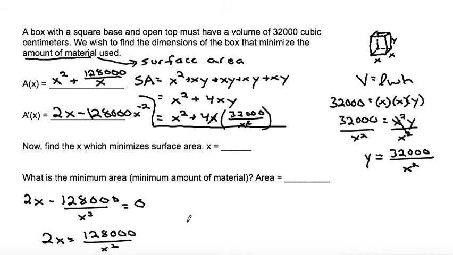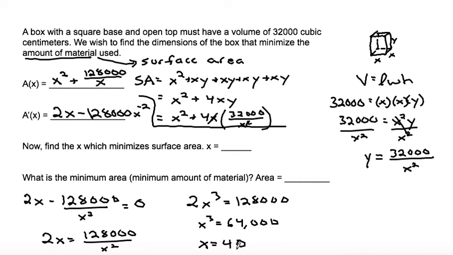Now multiply both sides by x squared to make 2x cubed equal to 128,000. Divide both sides by 2 to make x cubed equal to 64,000. And then cube root both sides to get x is equal to 40. So 40 would be our critical point, which would be the value of x that minimizes the surface area.